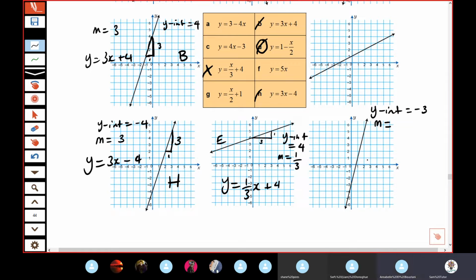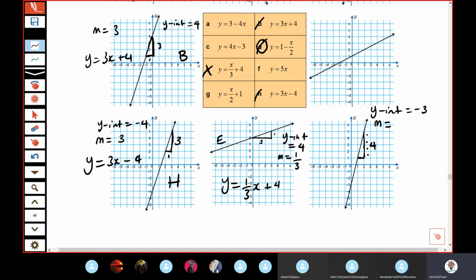We need rise over run. So let's draw that all the way to there. We get a right angle triangle. What's your rise from 5 to 1? How many boxes? 1, 2, 3, 4. From 5 to 1, you've got 4.